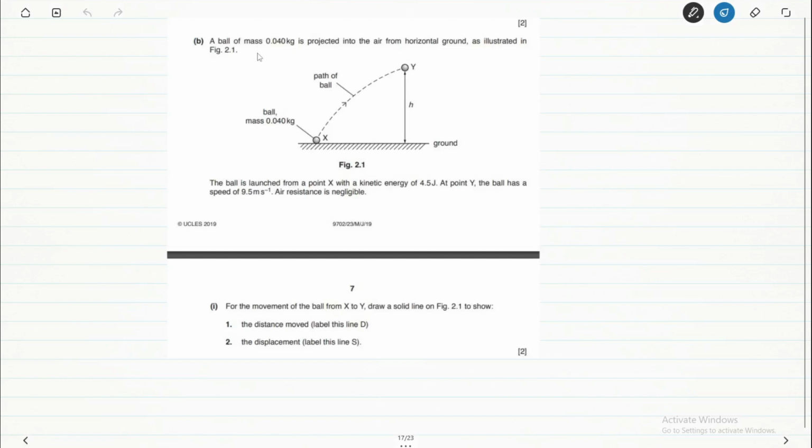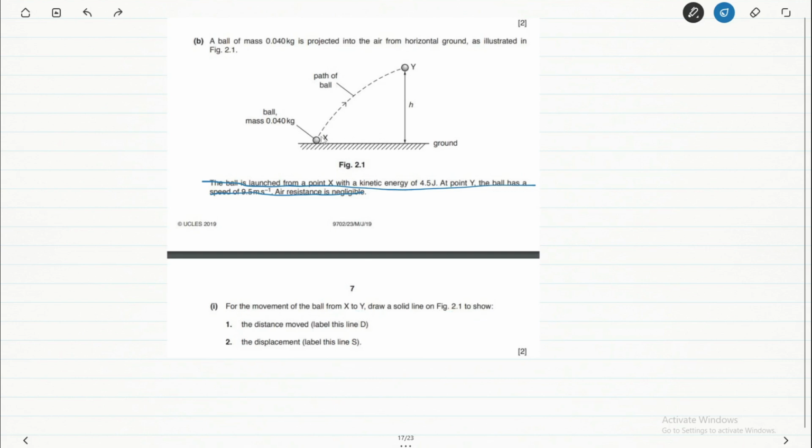Now, a ball of mass 0.4 kg is projected into the air from horizontal ground as illustrated in 2.1. Now, the ball is launched with, this is not concerning you, this is only concerning for the next parts. The only thing you need to know here is, for the movement of the ball from x to y, draw a solid line in figure 2.1 to show the distance moved, right?